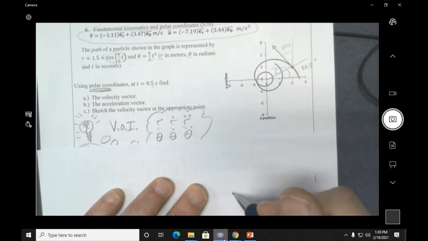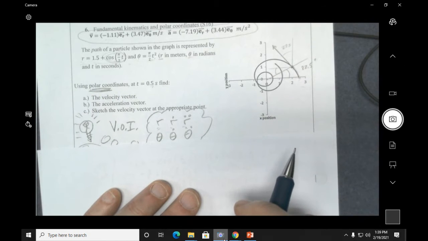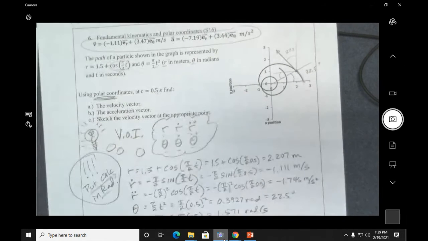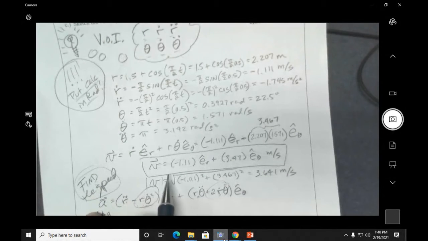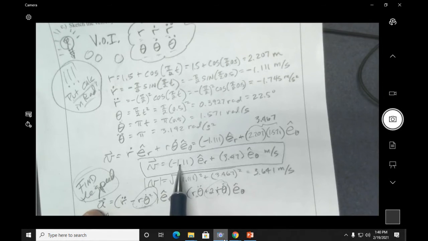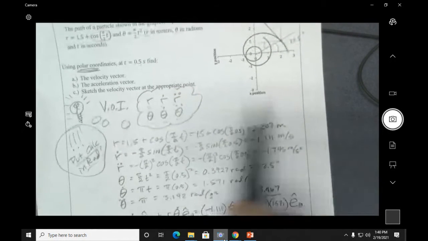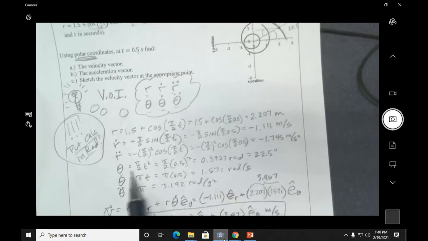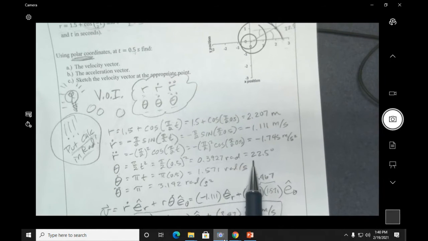Try to figure this thing out right here. Let's say that we want to get to, you use the velocity equation. Yes. Oh, how do you find the angle? Okay, well, the angle, for one thing, we knew what the angle was because we were in polar right here, right?